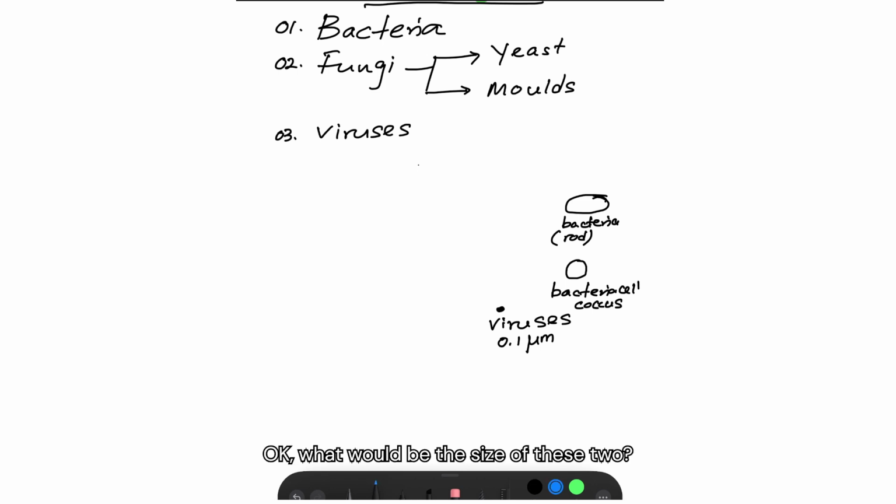Okay, what would be the size of these two? Coccus is normally 1 micrometer and rod is 2 to 3 micrometers.